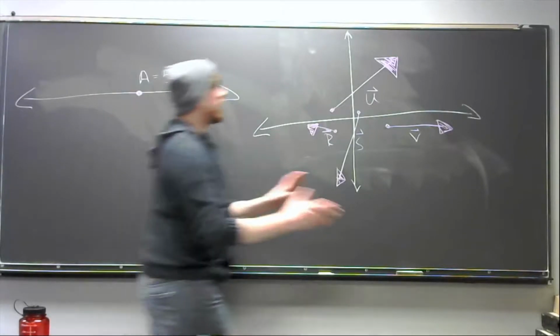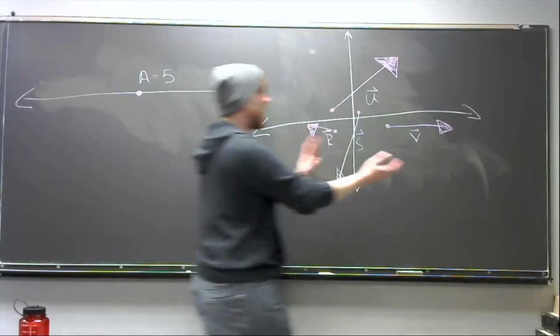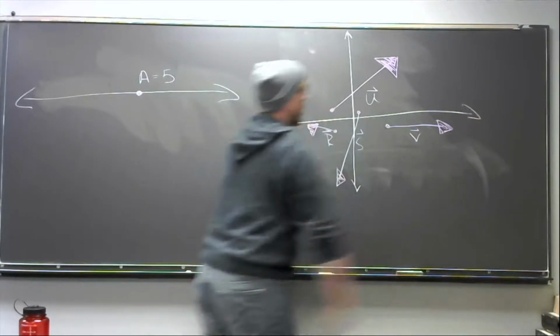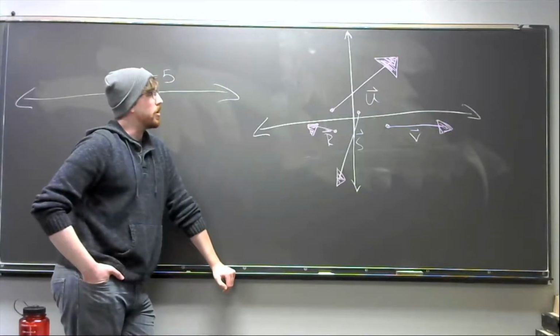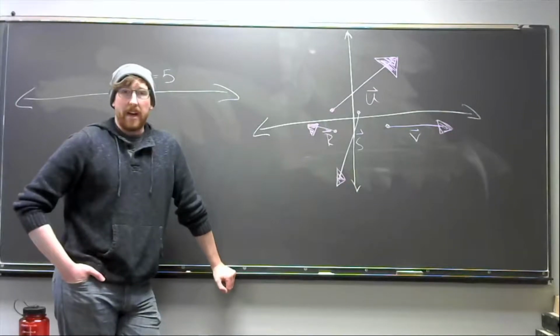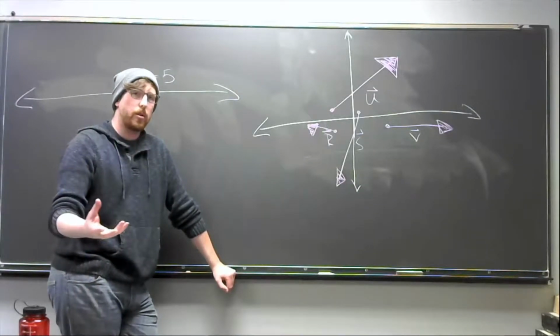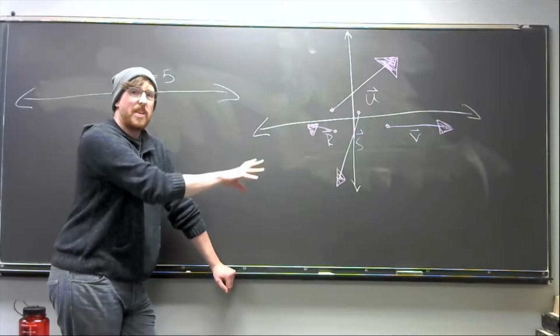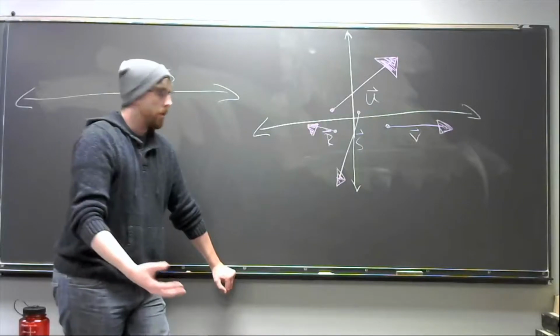And when we represent a vector with a directed line segment like these, we represent the magnitude of the vector by the length of the vector. So another way to think about magnitude when talking about vectors is to talk about the length of a vector.